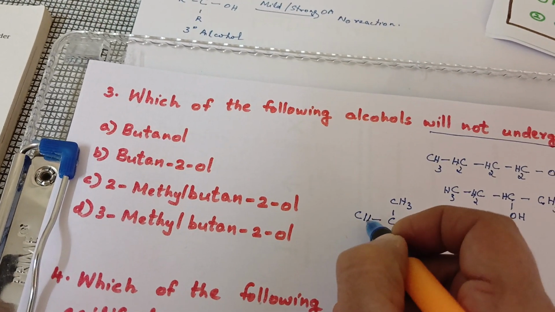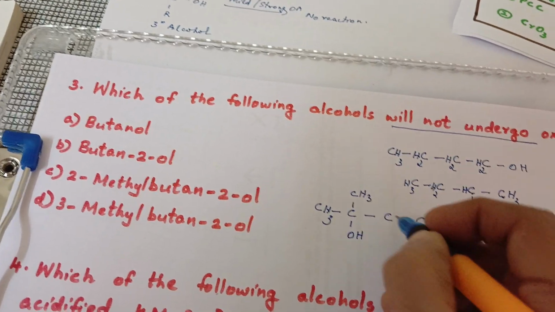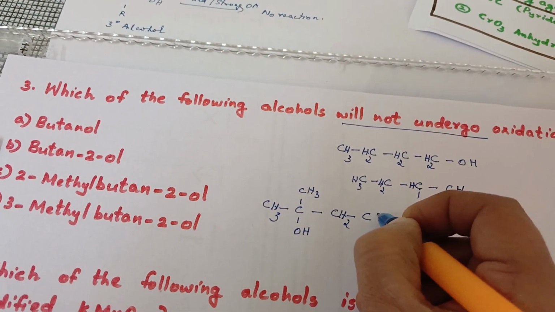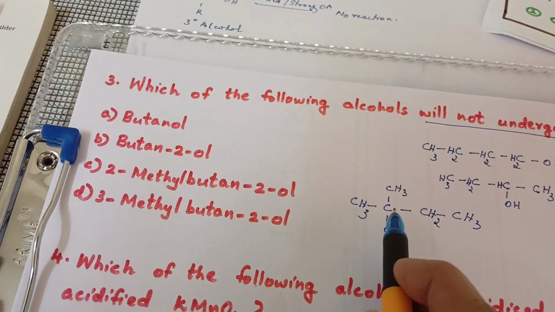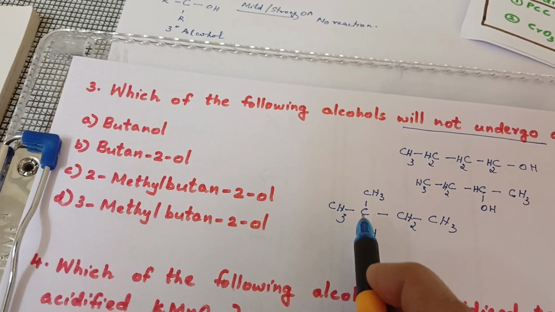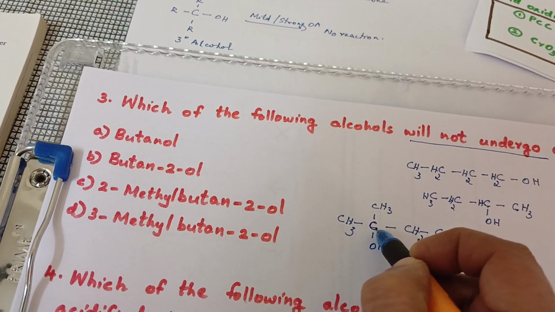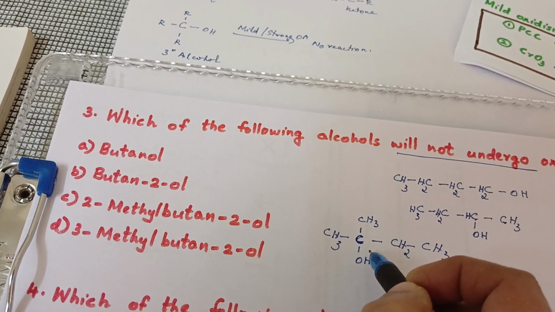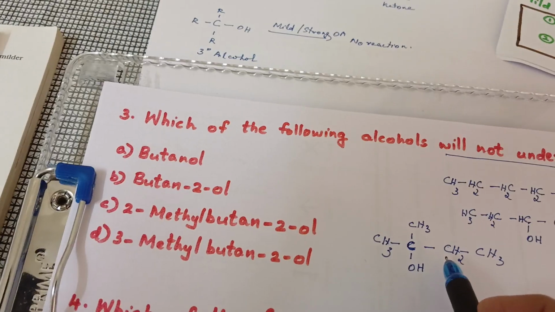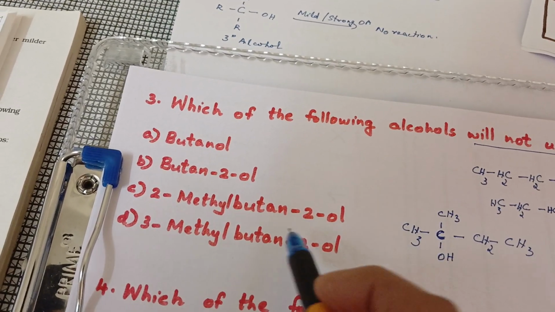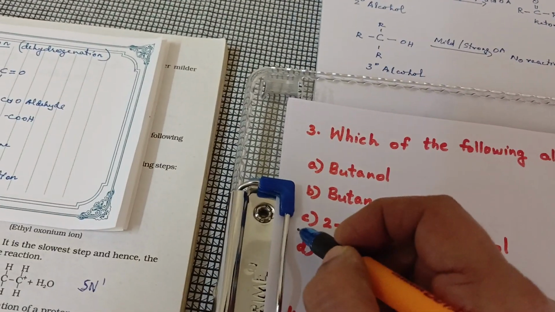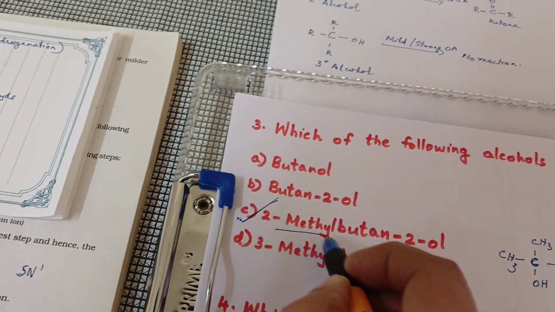So here it is CH3. You can see that here there are no hydrogens, no alpha hydrogens. This is the alpha carbon and there are no hydrogens on it. So this will be the correct option. That is 2-methyl-butan-2-ol. This will not undergo oxidation.